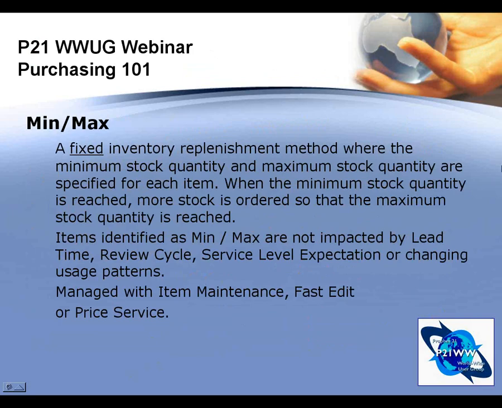Items identified as min-max are not impacted by lead time, review cycle, service level expectations, or changing usage patterns, and they're managed with the use of item maintenance, fast edit, or pricing service. Again, these are fixed, so there are no system managed interactions. It takes data that you manually manipulate and review, taking those pieces of information from the system and setting levels which do not dynamically change.